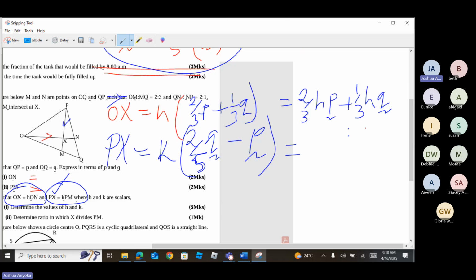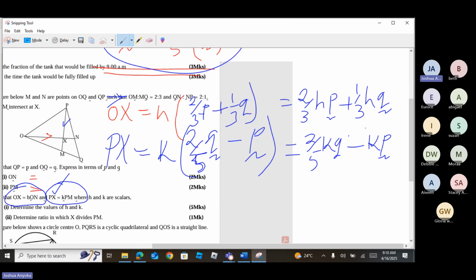And PX is equal to 2 over 5 KQ minus KP. So you have interpreted the information you are given. Now it is making some sense.